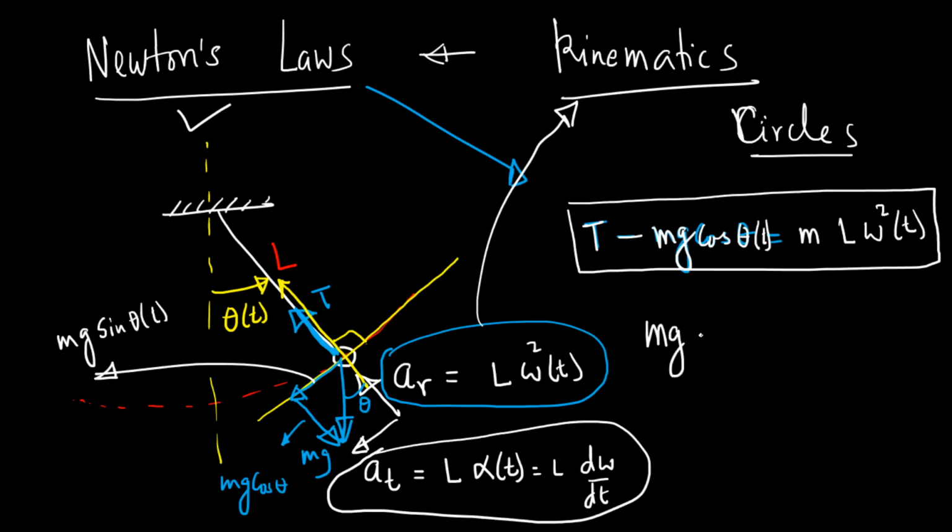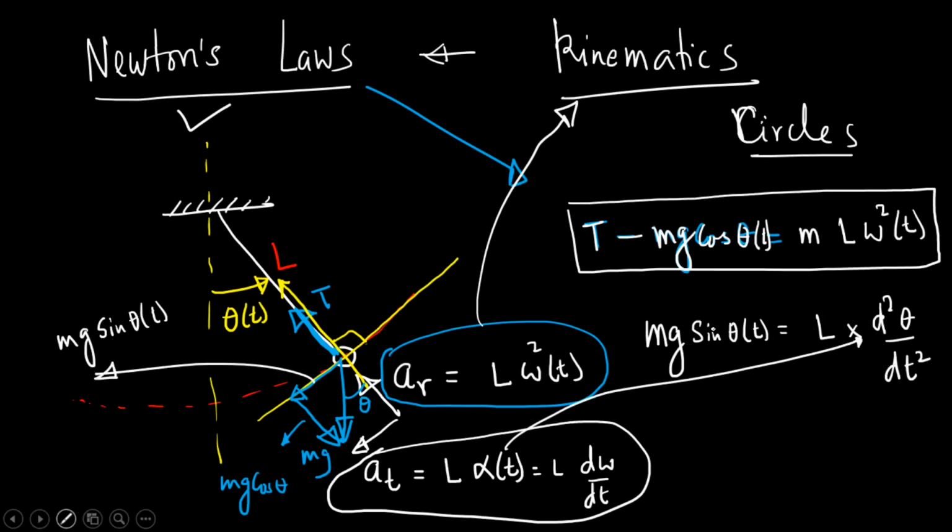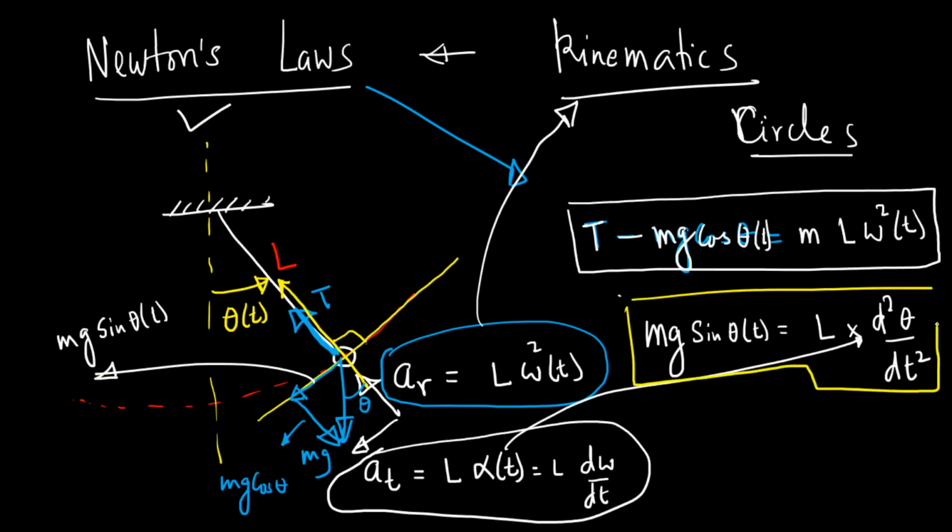Mg sine theta t at that instant is equal to L into d square theta by dt square. Mind you, I've written alpha is d square theta by dt square. So this is another interesting equation, and I just want to highlight the fact that we've written down two equations, and now let's see how useful it is.